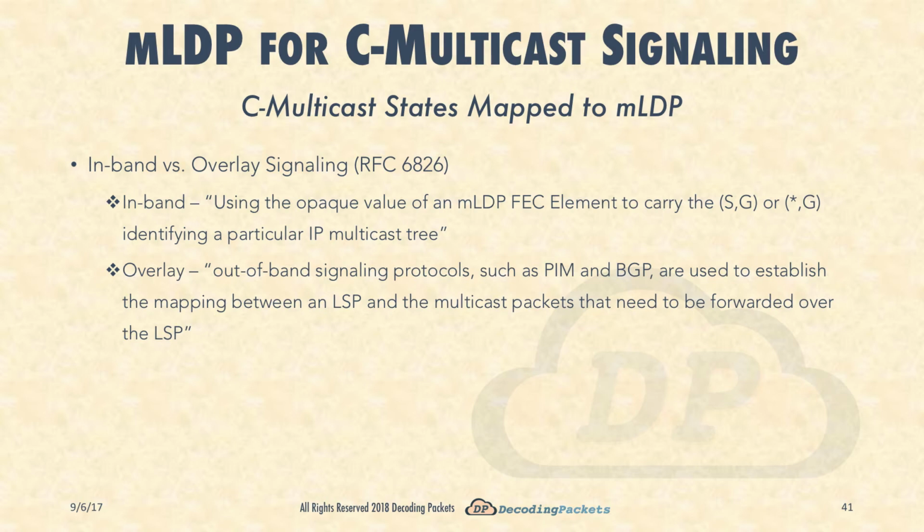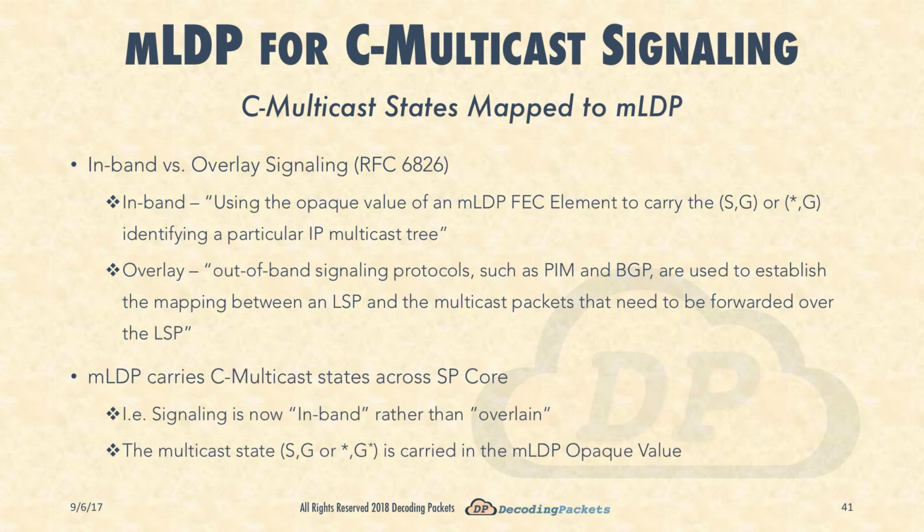Conversely, if you use another protocol to signal these states and/or to map these states to an LSP, such as PIM or BGP or UDP, then the signaling is out of band from an MLDP point of view. And that is the major difference, in band versus out of band.